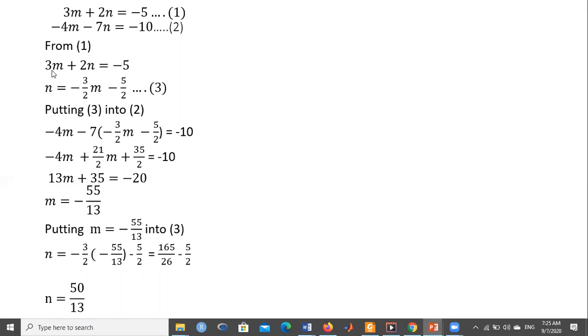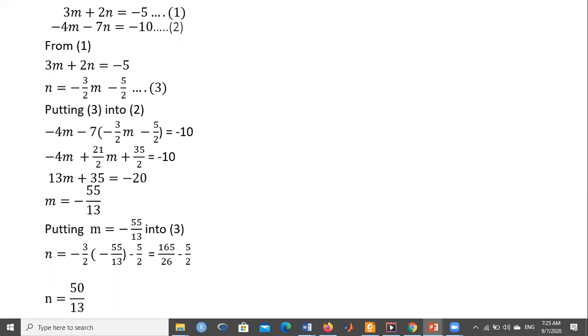That's equation number 3, which we got from equation 1.